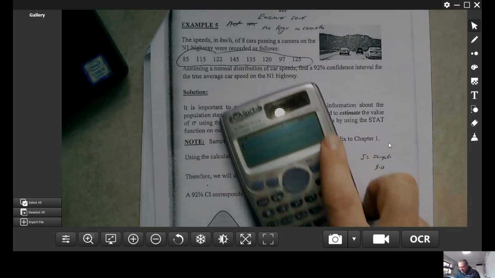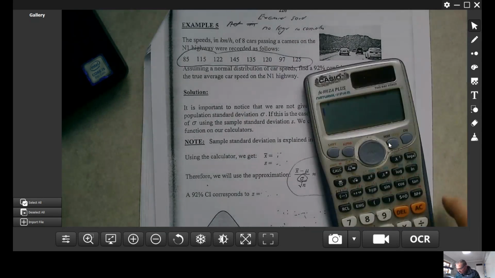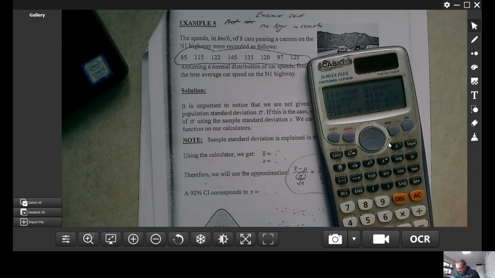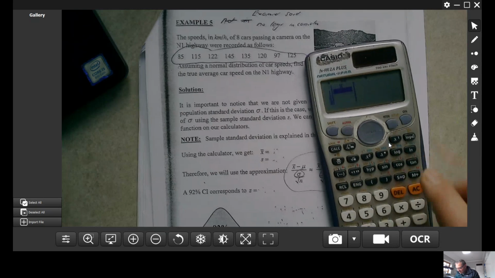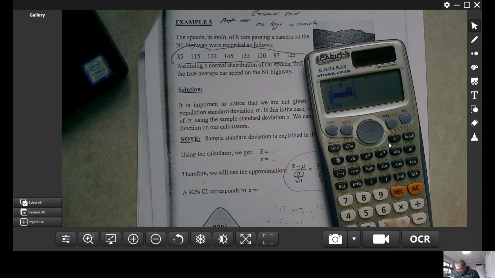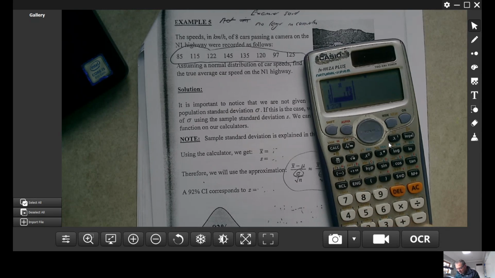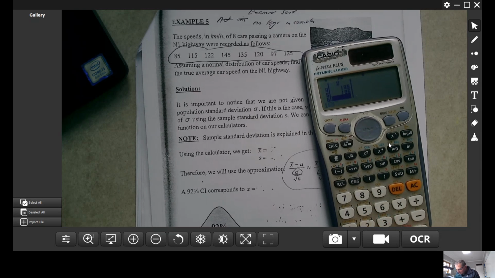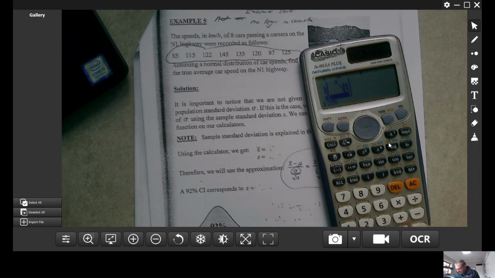If you want to enter this data in stat mode, remember to do this: mode, stat, and we're looking at variance number 1, and our scores are 85 equals, 115 equals, 122 equals, 145 equals, 135 equals, 120 equals, 97 equals, 125 equals. Then you clear it and you go shift 1, and I'm looking for variance.